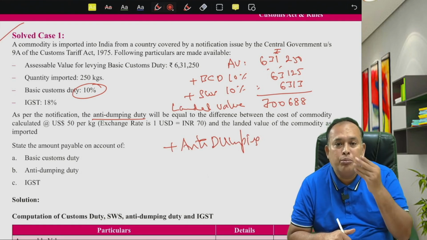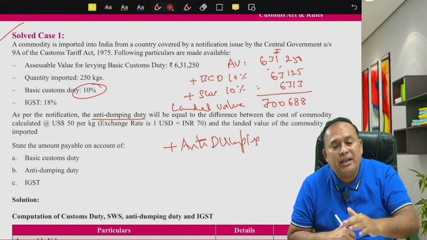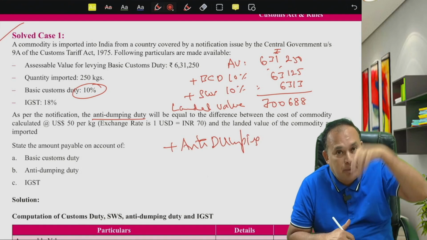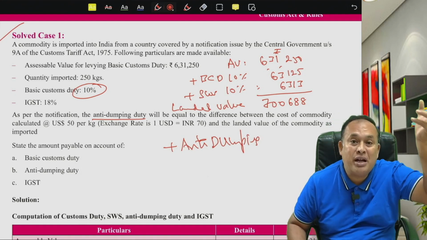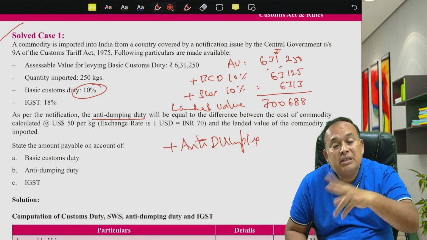For example, buy one get one is a competitive market. Buy one take 20 free is a cutthroat market. Like that, goods are dumped in India. Then the market value of 20 units minus the landed value, the value for which you imported, the difference is anti-dumping duty.